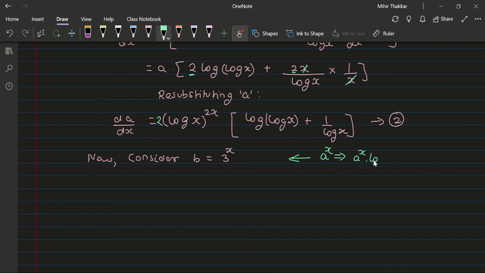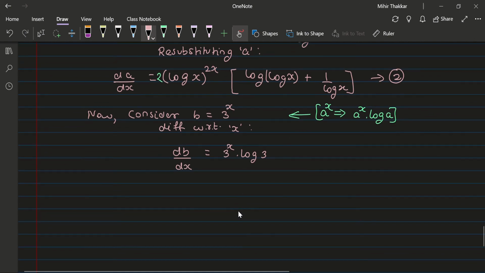It is a raised to x into log of a. So when I differentiate this with respect to x, we get the derivative dB by dx is equal to 3 raised to x into log 3. Give this as equation number 3.